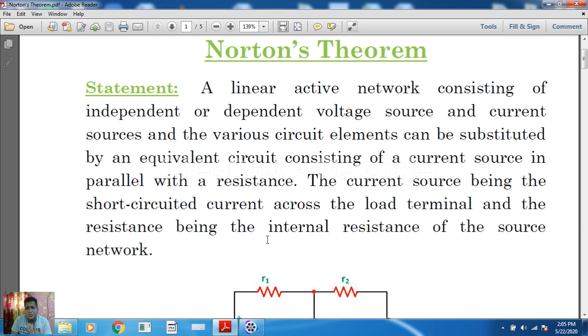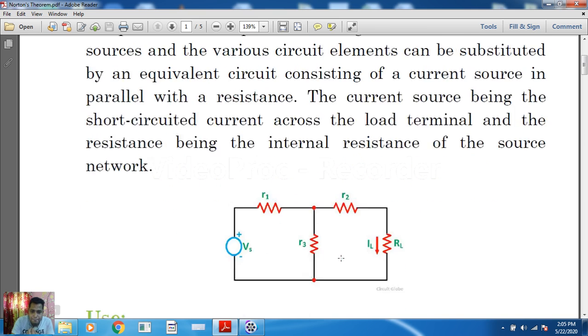Norton's theorem can also be applied to do the same thing. Now we are going to solve.